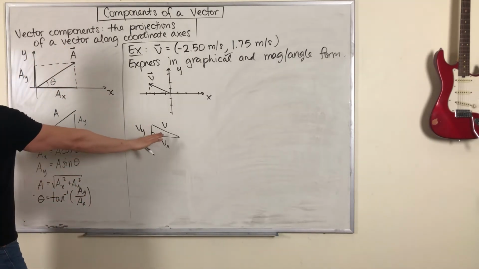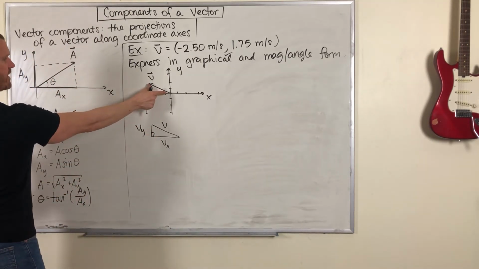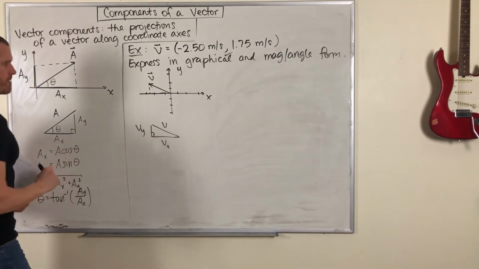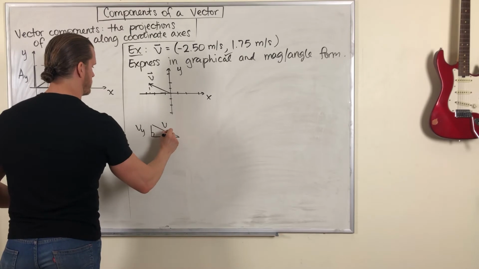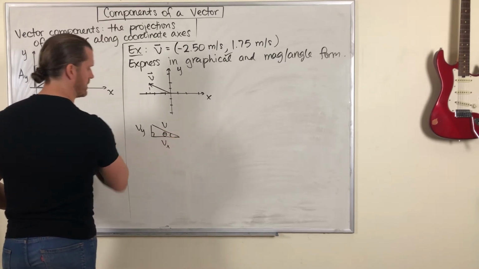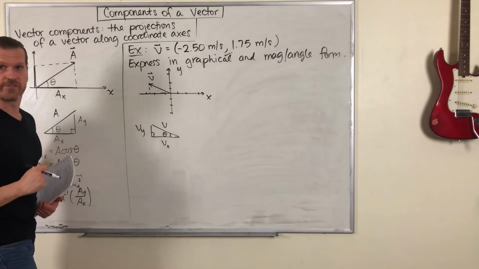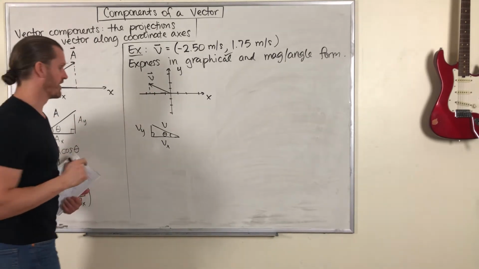So let's just take our vector, turn it into a right triangle with no coordinate system. We'll figure out this angle and then put it back in the context of our graphical representation.